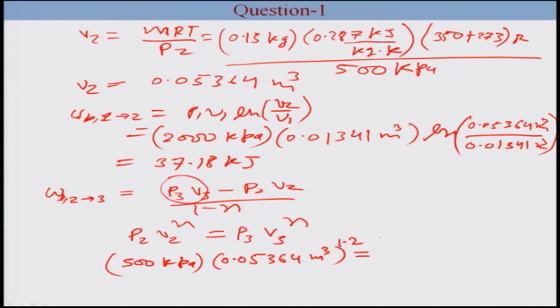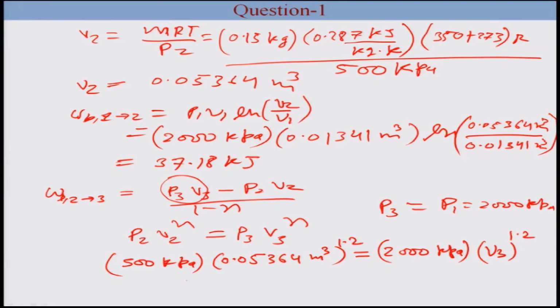P3: it is said that polytropic compression is done to the initial pressure, so P3 equals P1, which is 2000 kilopascal. Putting these values in, and V3 to the power 1.2, we get V3 equal to 0.0169 meter cube.